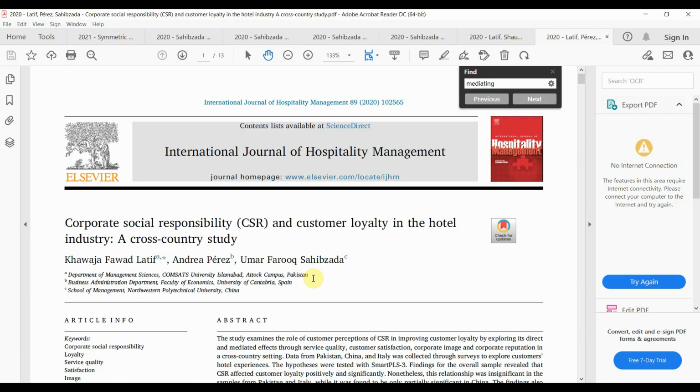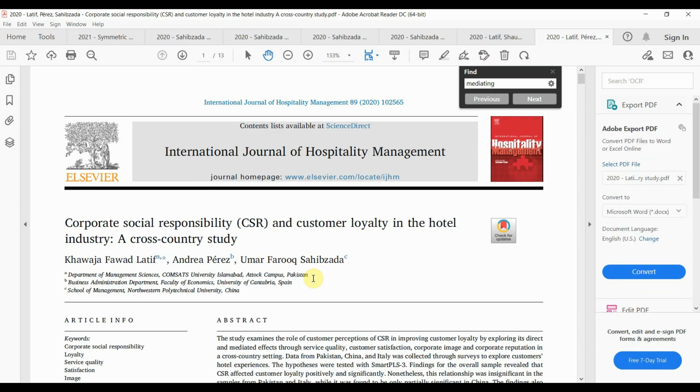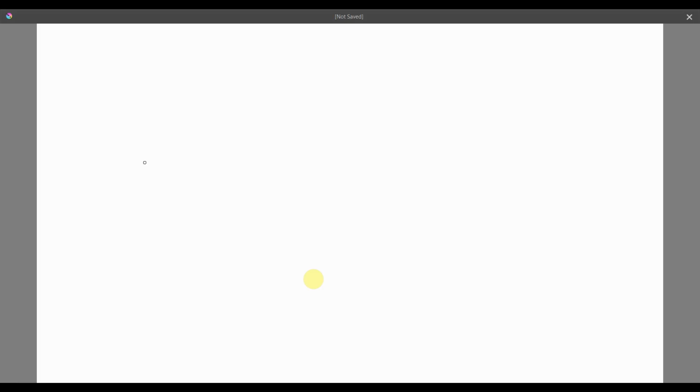Now, an important question could be: let's say there is only one study that has assessed the impact of social responsibility on loyalty, and they have recommended certain mediators. How do you find new mediators? Let's look into that. For example, let's say I've got this variable, knowledge-oriented leadership.